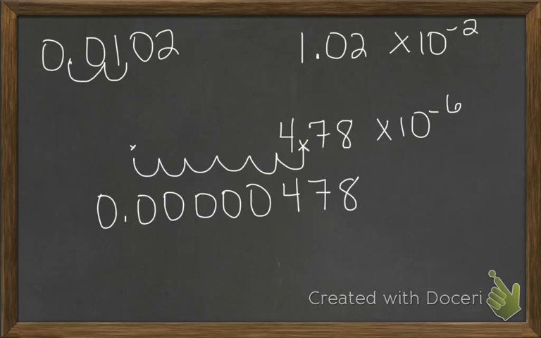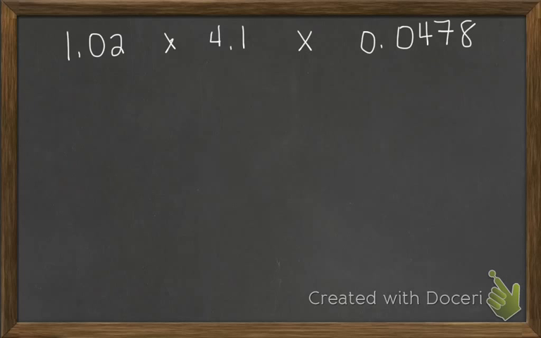Let's look at how I use significant figures and scientific notation in calculations. Well, if I'm going to multiply some numbers, say I'm going to multiply 1.02 times 4.1 times 0.0478, and I'm going to use my calculator and enter those numbers.